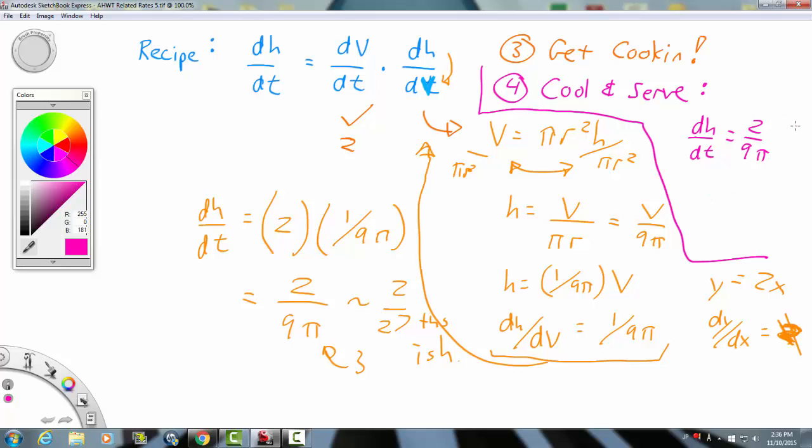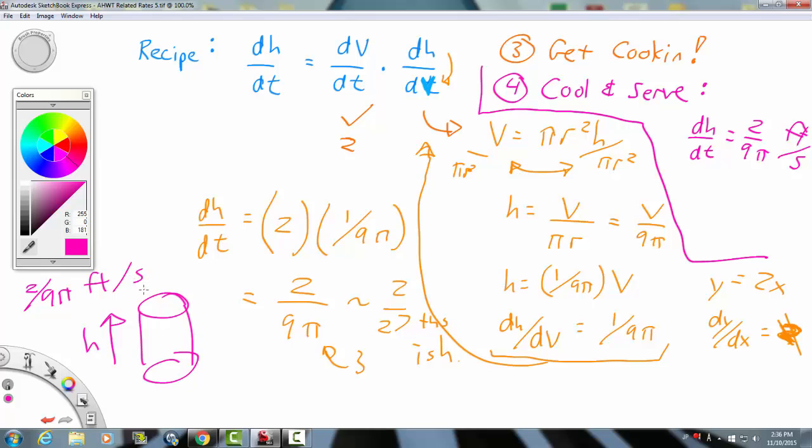So this is 2 over 9 pi feet per second. So the question was, how fast is the height increasing in the cylinder? And our answer is, it is increasing by 2 over 9 pi feet per second.